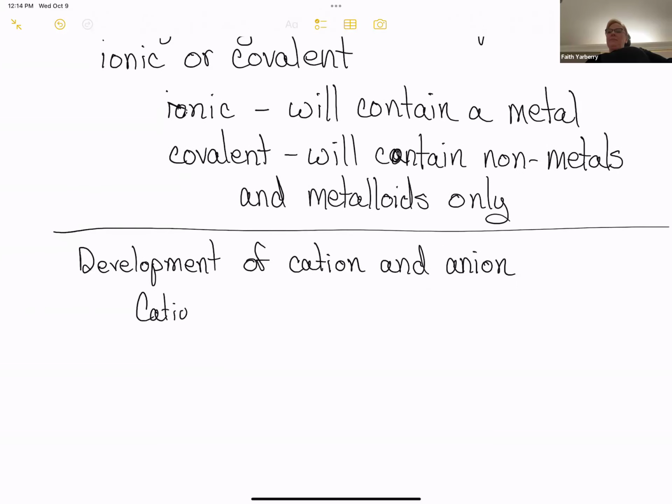Cations result from the loss of electrons to make a positive charge.